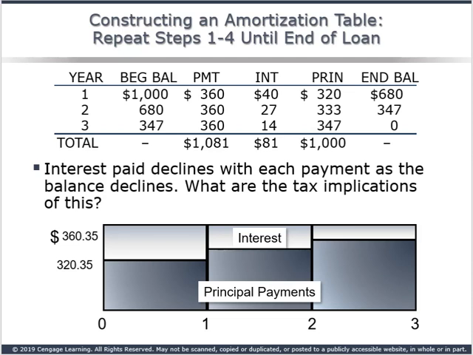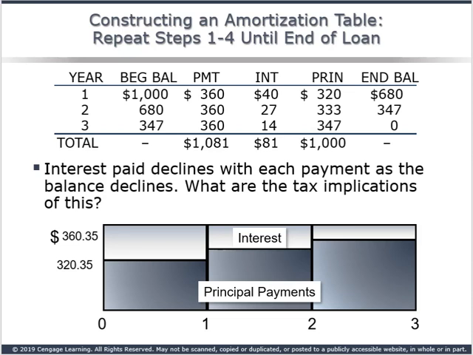And so we see the ending balance. So then in year 2, we start with that new beginning balance, the ending balance from the previous year, that's 680. We have the same payment, but now it's 4% of the $680, which is why we now have interest of $27 instead of 40. We do that same calculation, subtract the 27 from the 360.